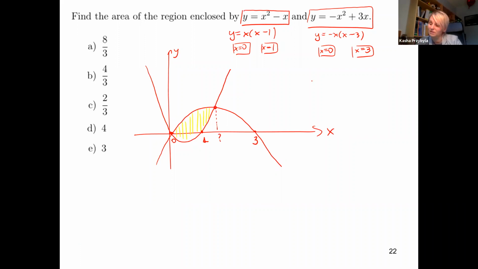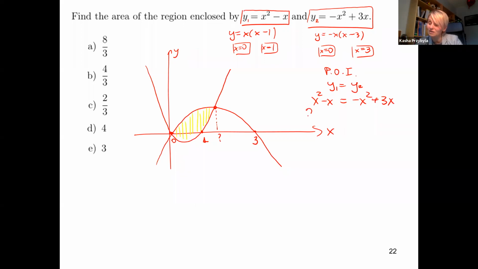Let's find the points of intersection. Curve 1 must be the same as curve 2: x squared minus x equals negative x squared plus 3x. I think x is 2, but let's see. My parabola is a little off, because my question mark is not between 1 and 3, but I think it's 2. Let's solve the quadratic equation.